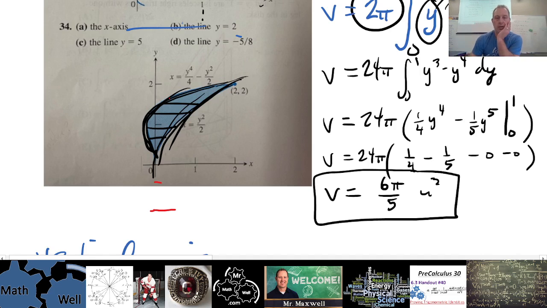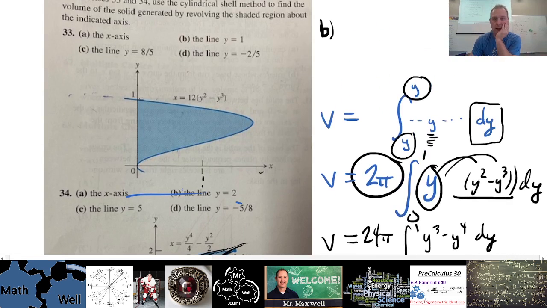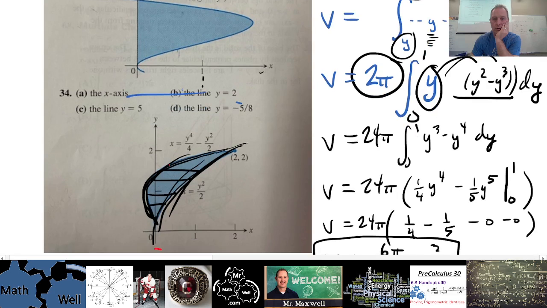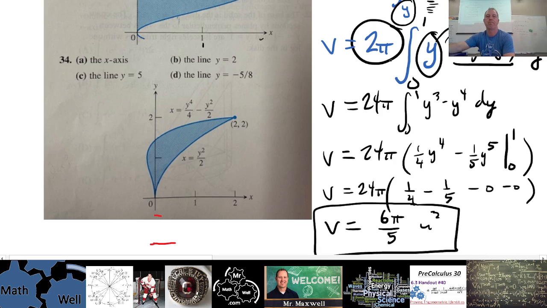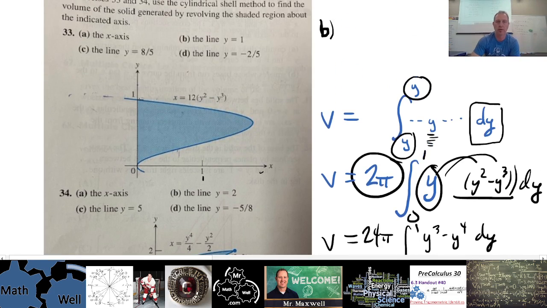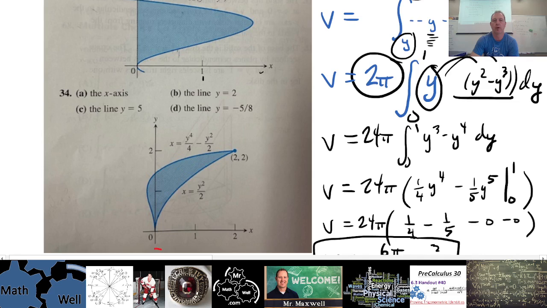So for 33 and 34, I'll get you to work on 33 and 34 that are shown right here. And I'll show you the solutions to those. So here again, here's 33 and 34.